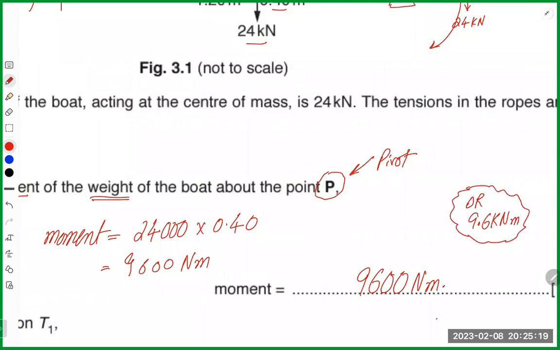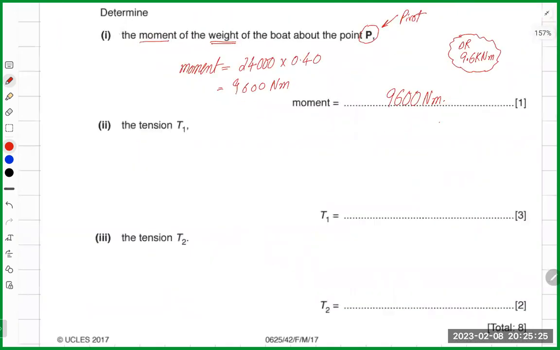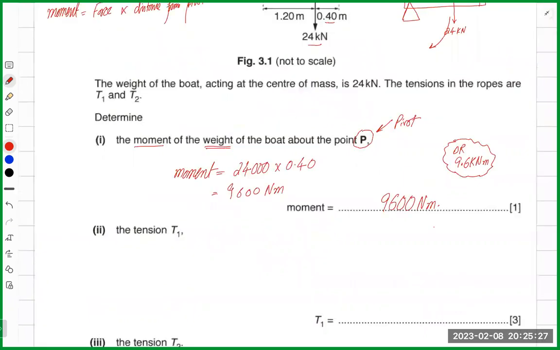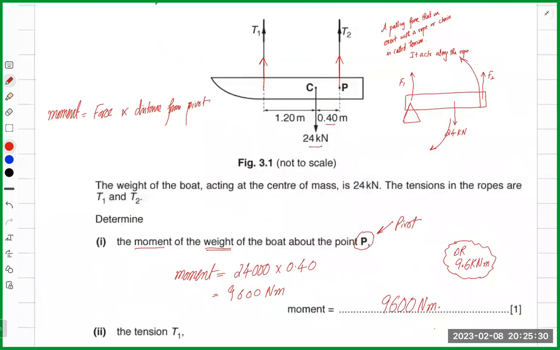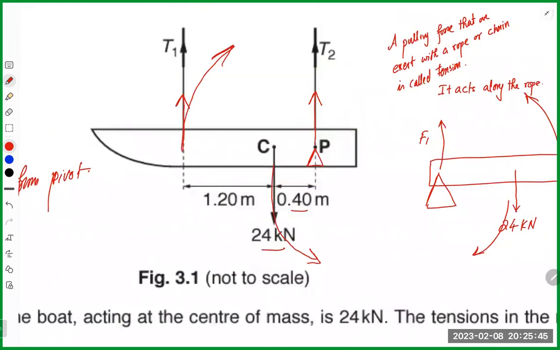Now, the tension T1 and the tension T2. Now, T1, if I consider P as a pivot, then the weight is producing an anti-clockwise turning effect, and tension will be producing a clockwise turning effect about P. Okay. Now, how much clockwise turning effect does T1 produce about P?